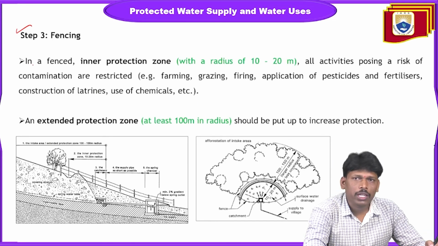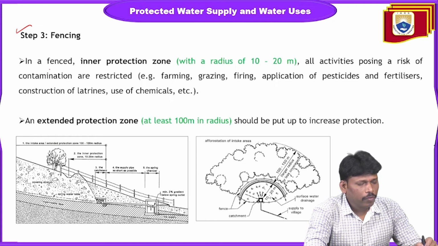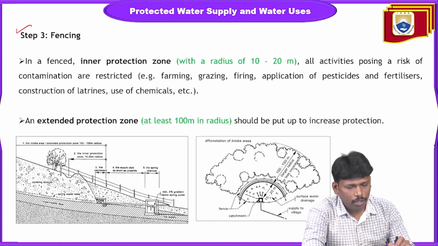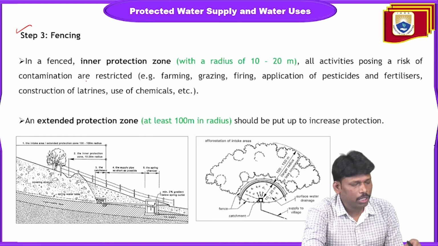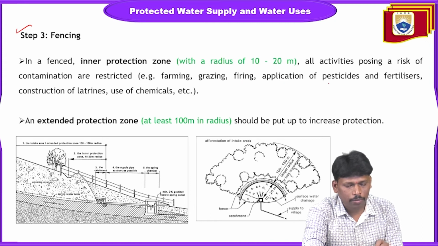The third one is fencing. In a fenced inner protection zone with a radius of 10 to 20 meters, all activities posing a risk of contamination are restricted: farming, grazing, firing, application of pesticides and fertilizer, construction of latrines, and use of chemicals.